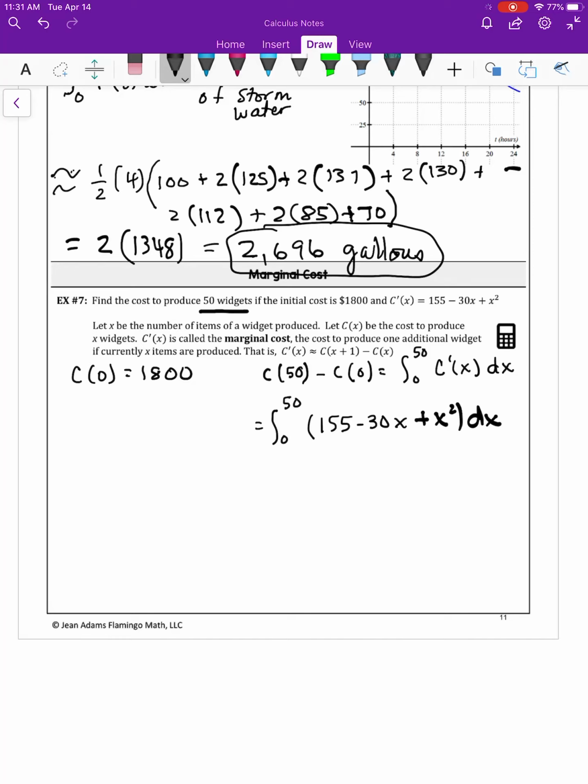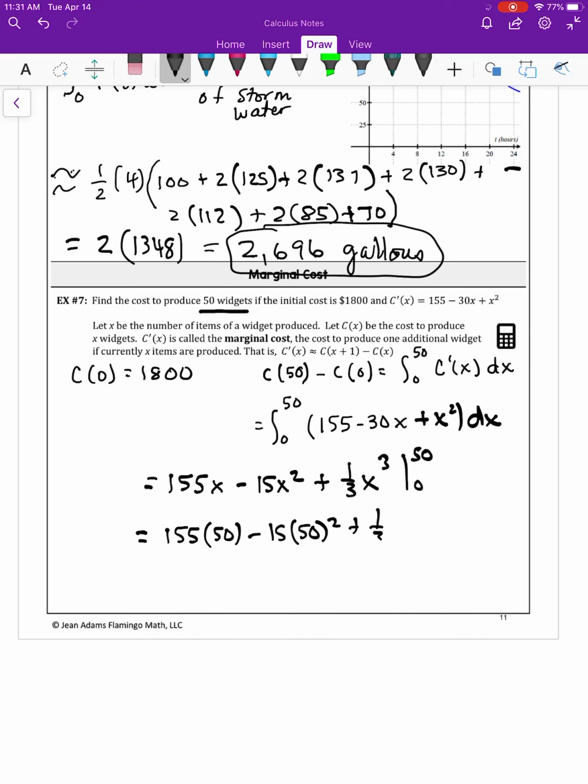So integral from 0 to 50, 155 minus 30x plus x squared dx. So 155x minus 15x squared plus 1/3 x cubed from 0 to 50. 155 times 50 minus 15 times 50 squared plus 1/3 times 50 cubed. And then minus, put 0 in for all those, you'll get 0.